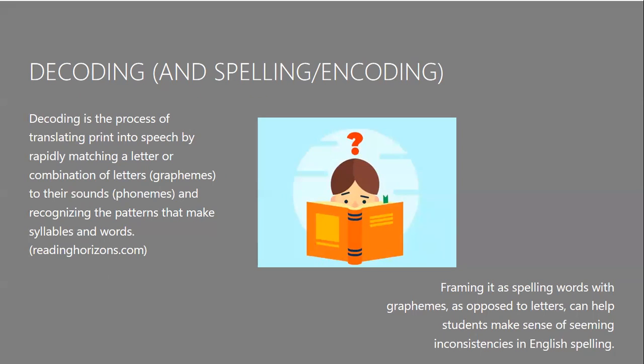This is from readinghorizons.com. So now framing the spelling process, I should say, as spelling words with graphemes as opposed to letters can help students make sense of the seeming inconsistencies we see in English. So an example is the word height, H-E-I-G-H-T, and that's a lot of letters for just one syllable.